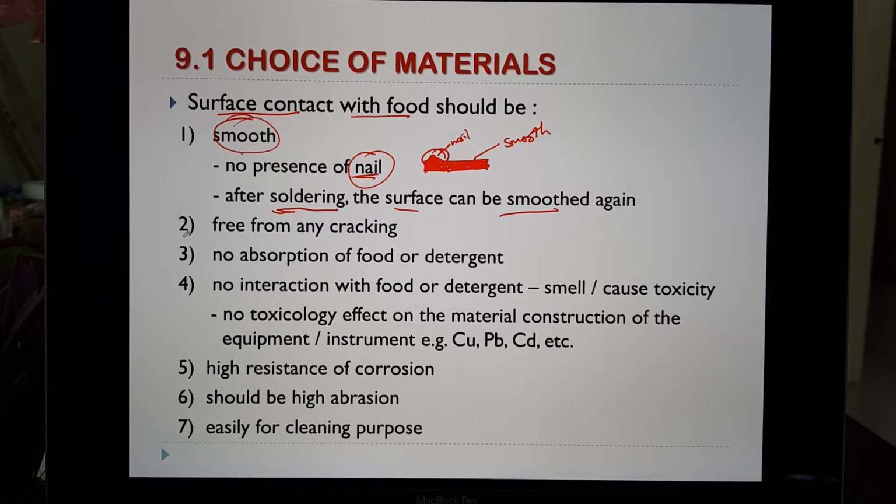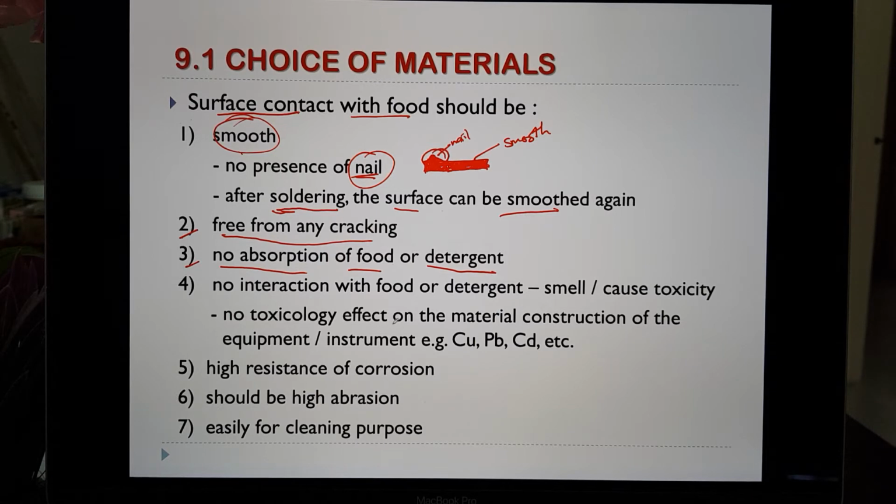Alright, the second factor in choosing the material is that it should be free from any cracking. The third one is that the material should have no absorption of the food or the cleaning detergent. There will be no reaction and no absorption of the food. For example, if you are cutting fresh turmeric on a plastic chopping board, turmeric is very highly colored.